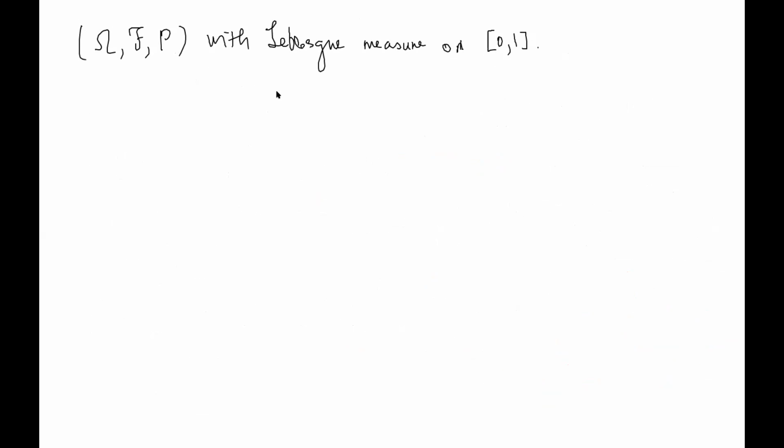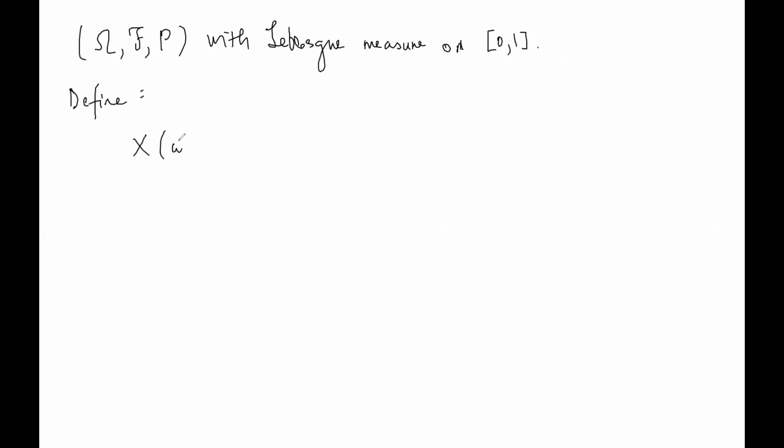Okay. Let's look at an example here. Now, suppose I have the probability triple with a Lebesgue measure on [0, 1], right? Then I define the following.